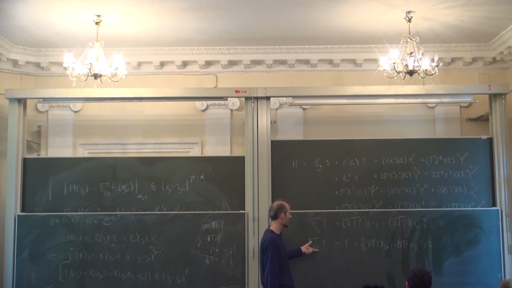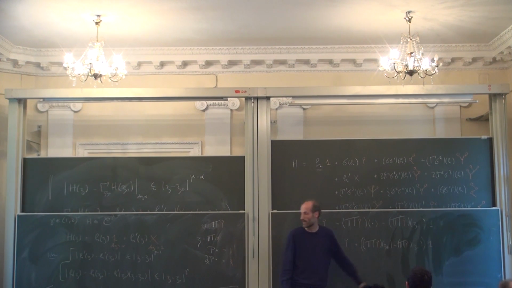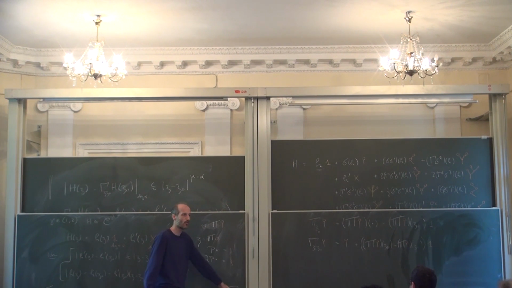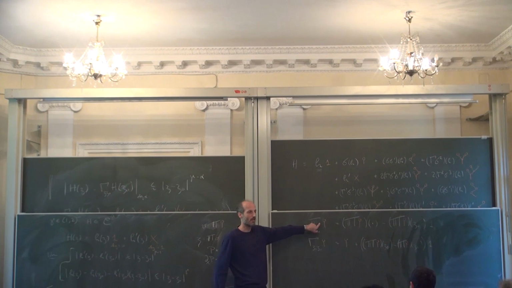So if I define the gamma like this, then that's very analogous. It's pretty much the same as here. If I define gamma like this, then this identity is still true for this symbol here.